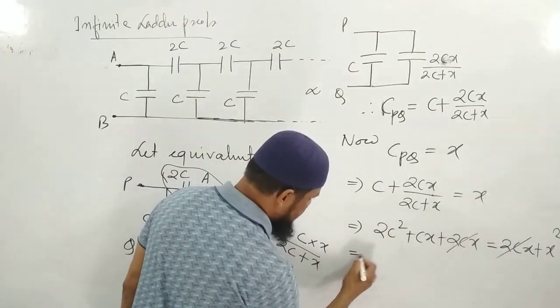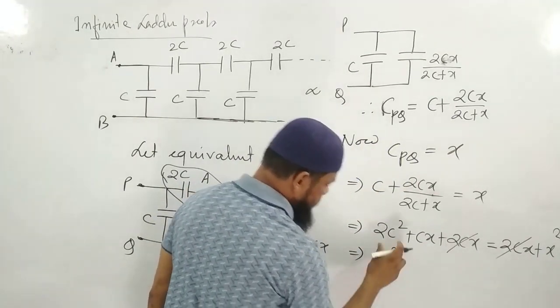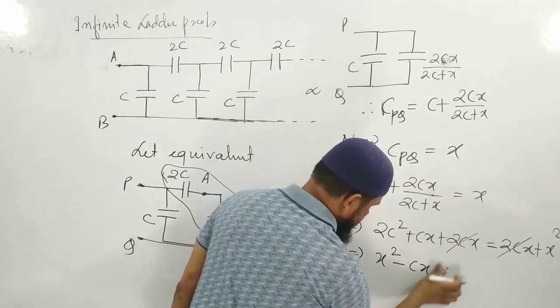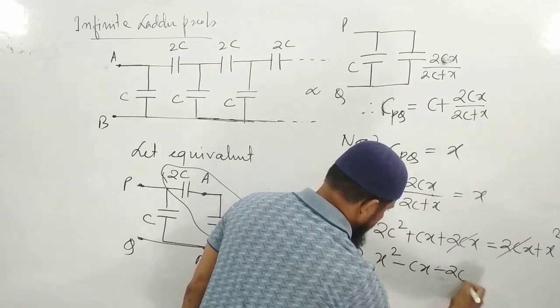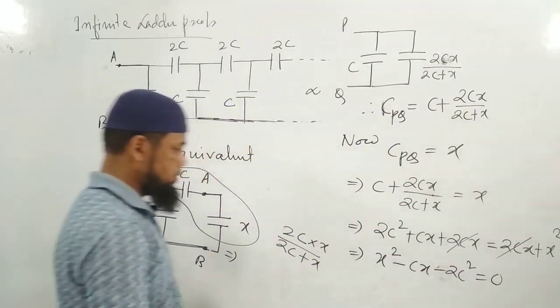So I have to get the value of X. How much will we get? X square, let me take it to the other side, minus CX minus 2C square is equal to 0.